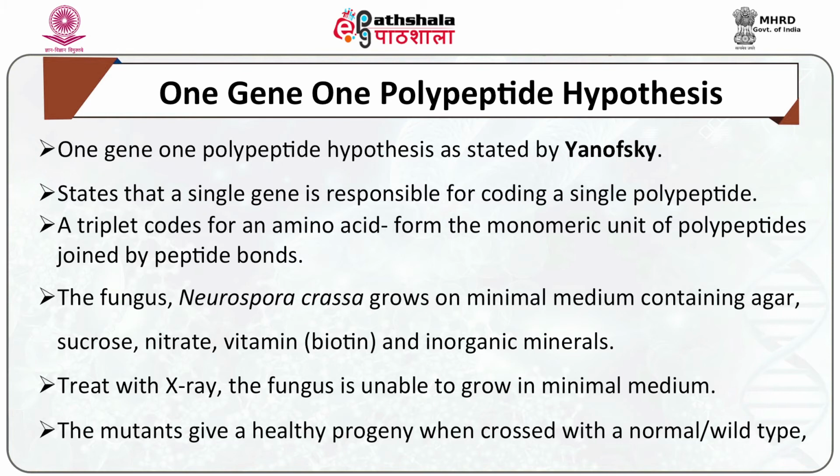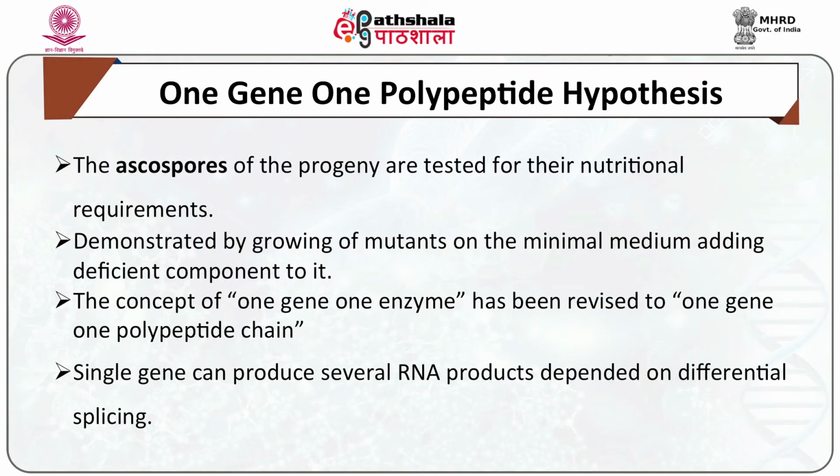The mutant spores on the minimal media are supplemented to determine the deficient component which the mutants are unable to synthesize. The mutants give a healthy progeny when crossed with the normal or wild type, and the ascospores of the progeny are individually tested for their nutritional requirement.